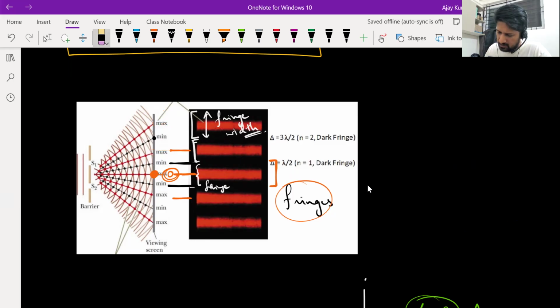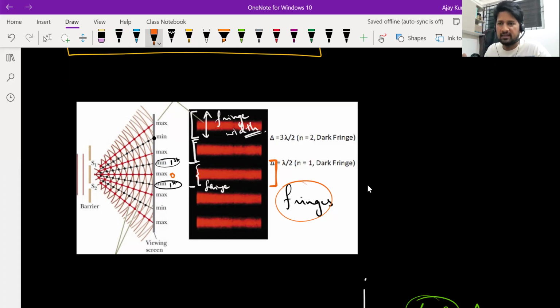I think it is better if we write here. This point is O. O is called the central maximum. On either side of O, you will have the first minimum, the upper one and the lower one. After the first minimum, as you keep moving along the screen, you'll again come across maxima.